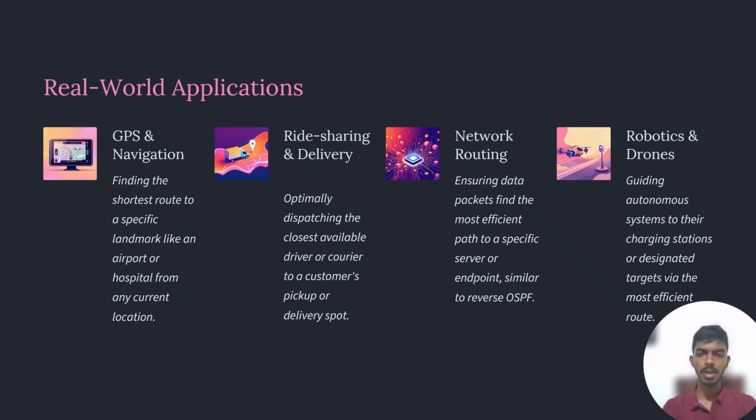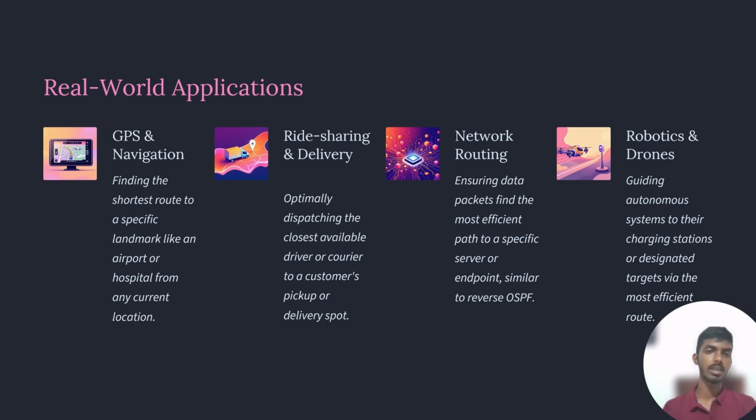The real-world applications of this method: the first one is GPS. What's the fastest way to the hospital from everywhere in your neighborhood? The GPS knows the direction and path to your destination. Also Uber: Uber can dispatch the closest driver to a customer.